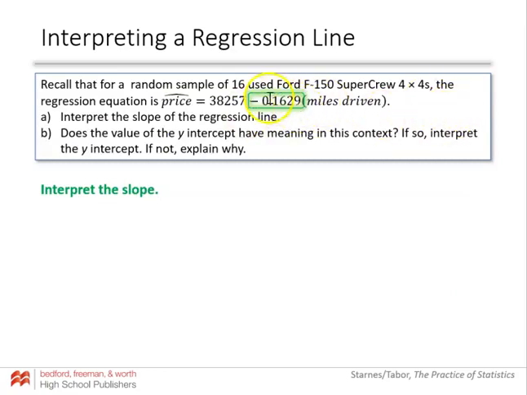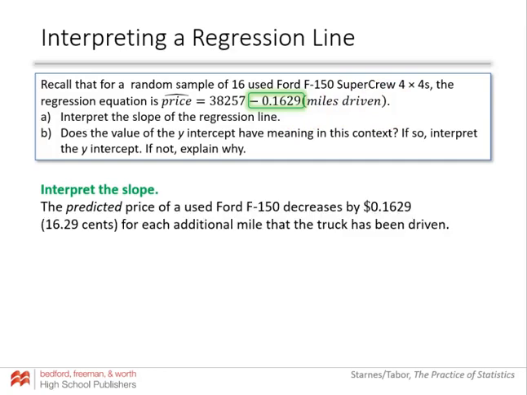Here's my slope, the number that I'm multiplying by my x value, miles driven. Okay, so the predicted price of a used Ford F-150 decreases by 0.1629 for each additional mile that the truck has been driven.